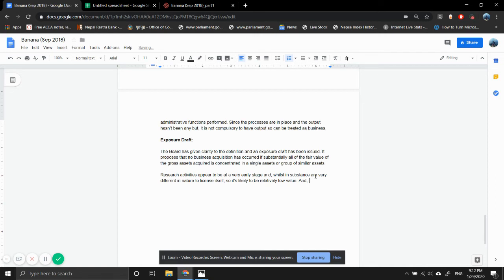And if it is to be assumed that substantially all of the fair value is concentrated in the license itself, then the acquisition would not be treated as a business combination.